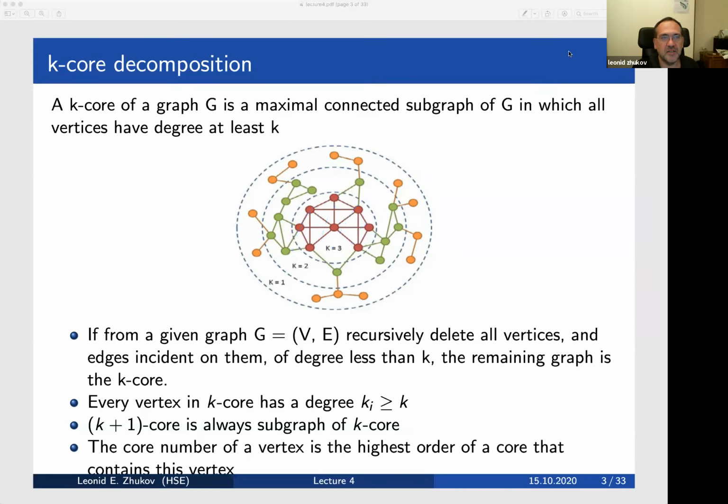And if we start going further, it will completely dissolve, like dissipate, right? Because all the nodes there will go away if we start cutting things out. So again, you can think about cores as matryoshka, right? Matryoshka doll.